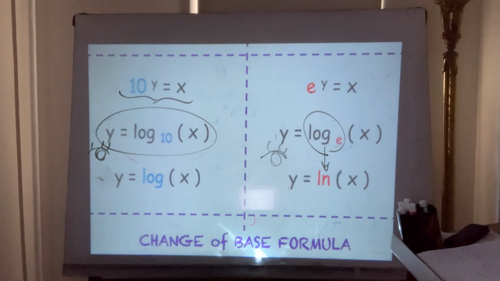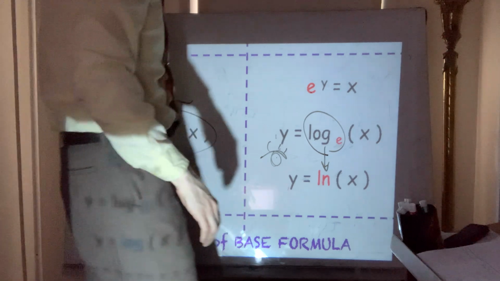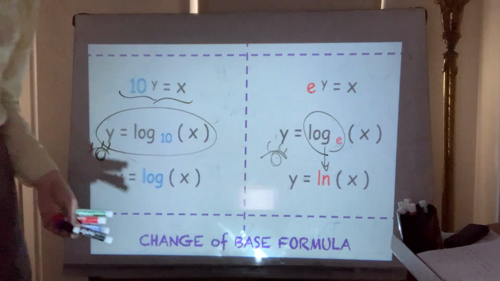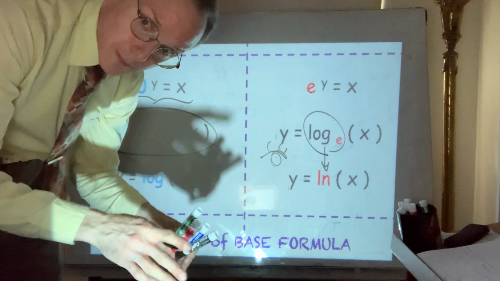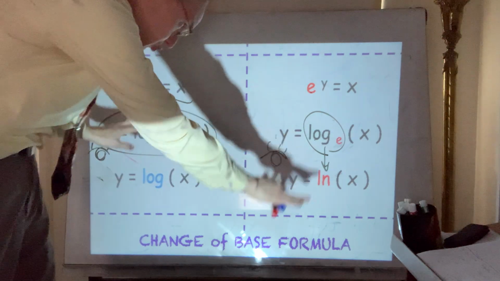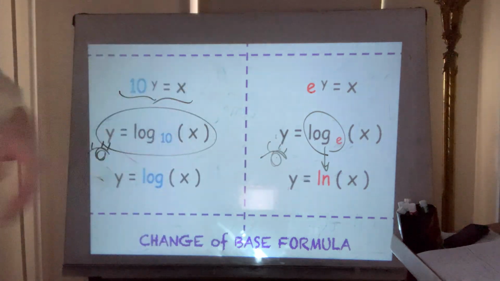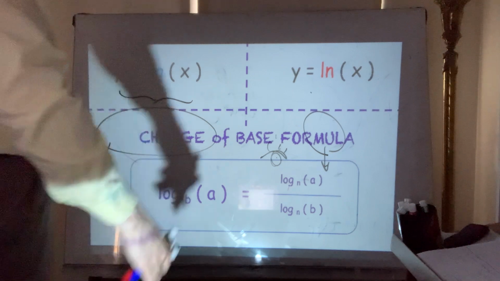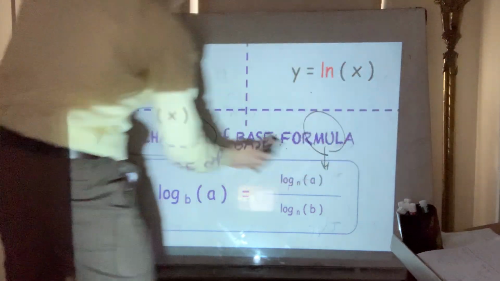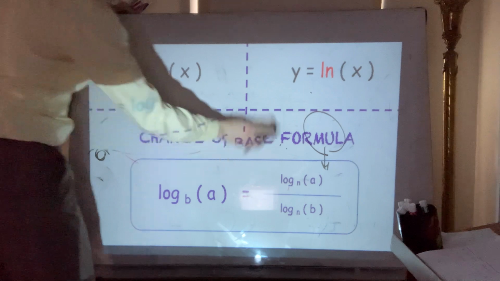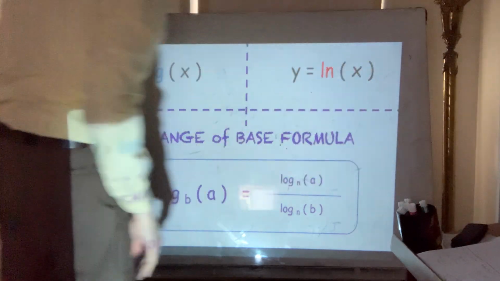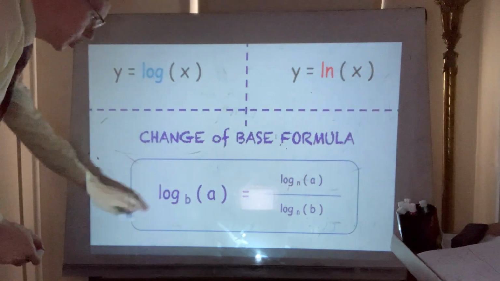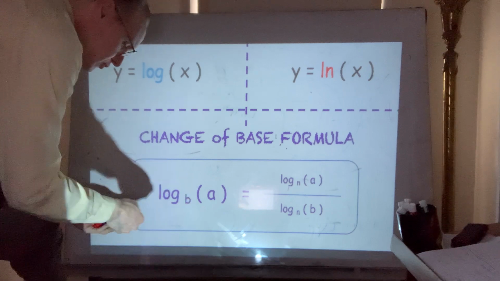Now again, historically, if you wanted to evaluate some logarithm that was neither of these two bases, something other than 10 or e, what you could have done is incorporate something called the change of base formula. If you had some unique logarithm, I'm just going to throw some numbers in here.